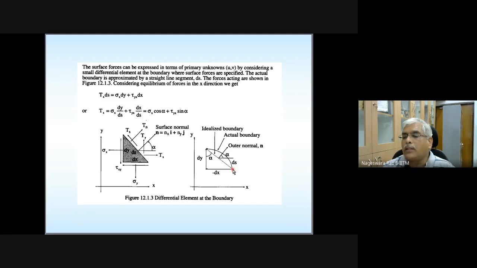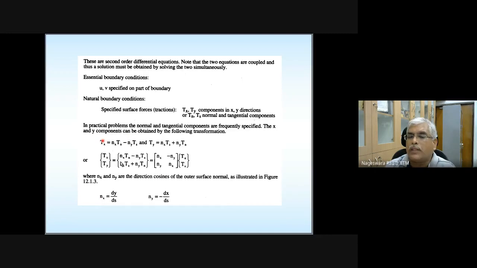I know the coordinates of these nodes with respect to x and y. So once I know the coordinates of these two nodes, I can easily find dx, dy, and also ds. That is all what is written here, you can go through that. So these two equations give you the relation between the components of traction along x and y directions with respect to the normal and shear components.